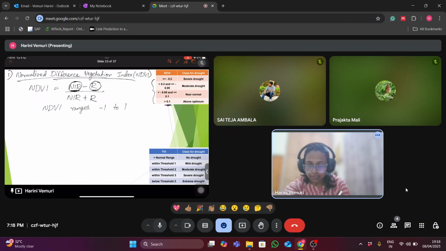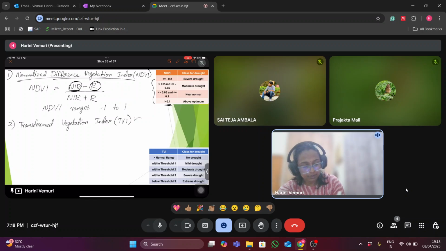The next index is the transformed vegetation index, which is called TVI. It is a modified form of NDVI and it is useful in assessing vegetation conditions under water stress or drought conditions in agricultural areas.